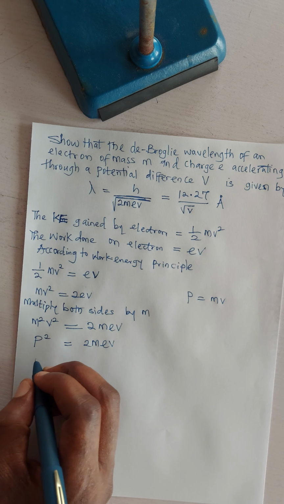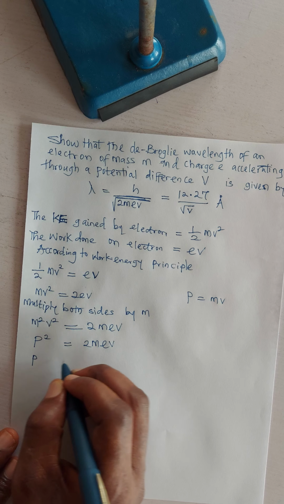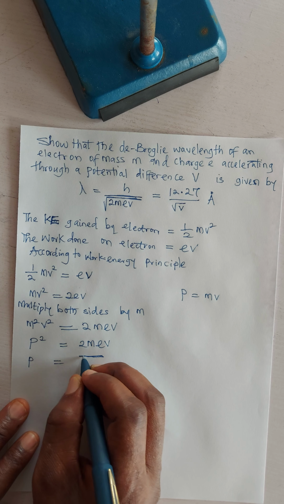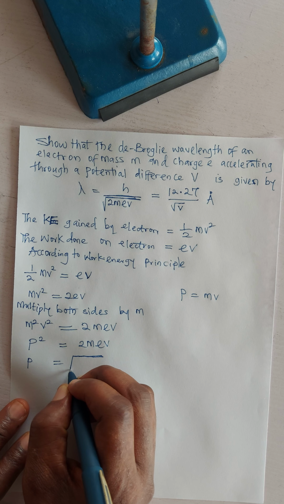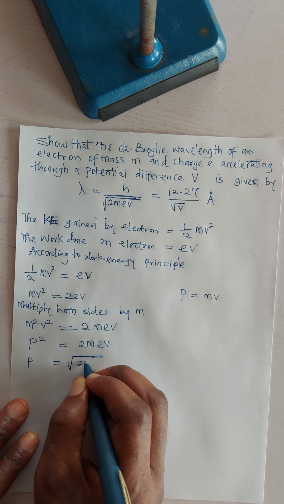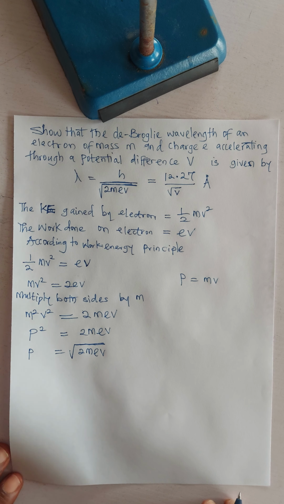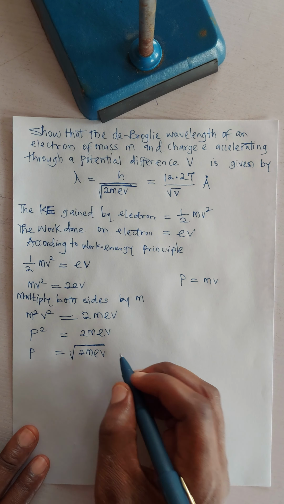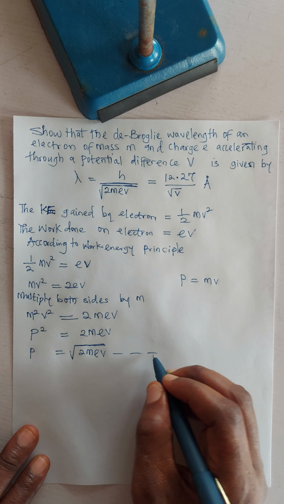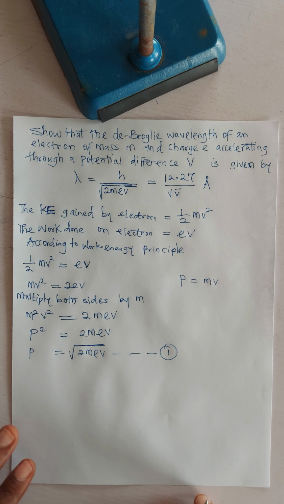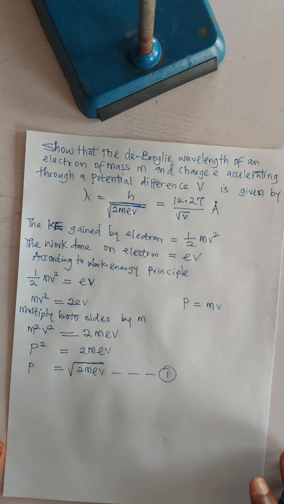Then I have P is equal to square root of 2meV. Okay, that is what I will have now. Call this equation 1.